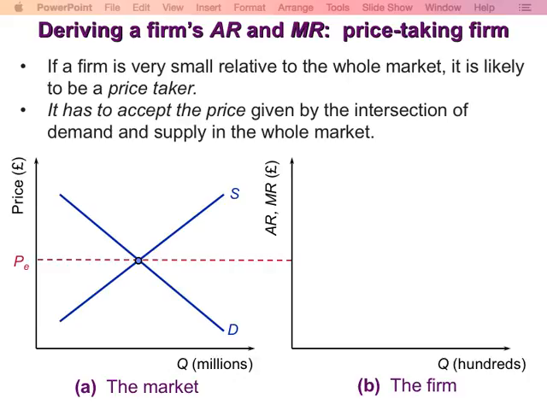Do we in real life have that sort of industry where firms are price takers? Can you name an industry? Think about an industry where firms do not have influence over the price. Relative to the whole market, they are a very small player.